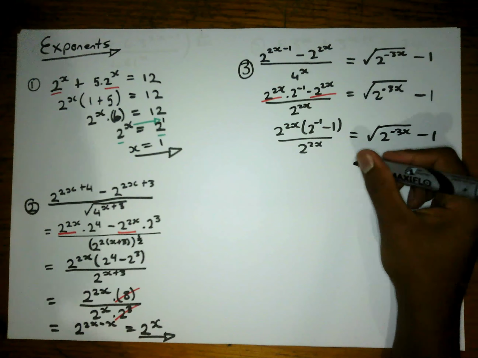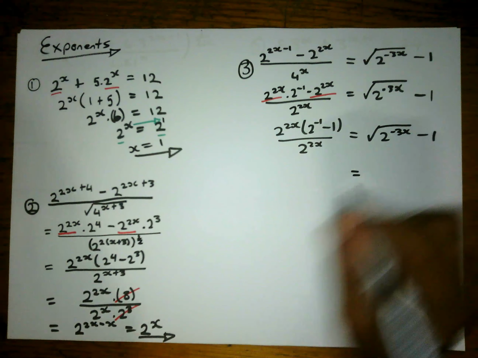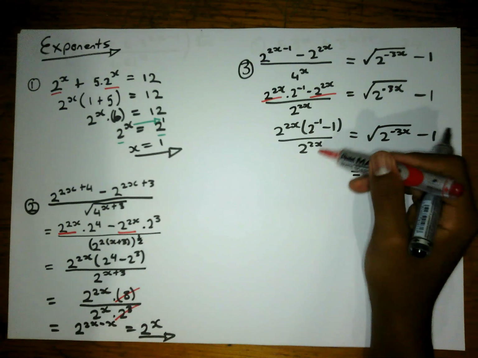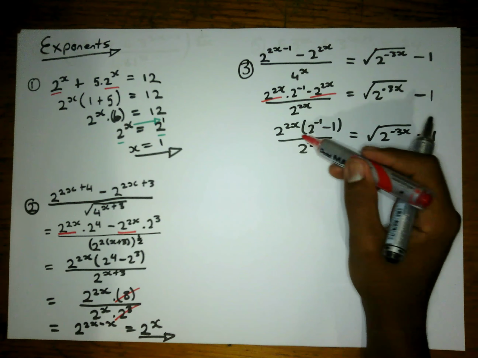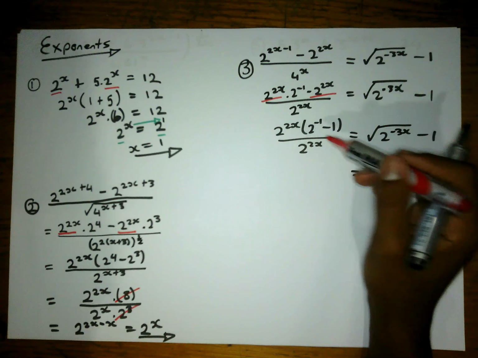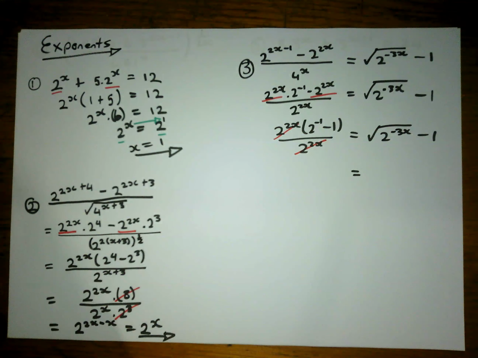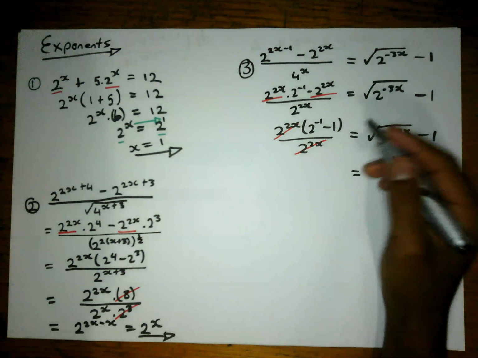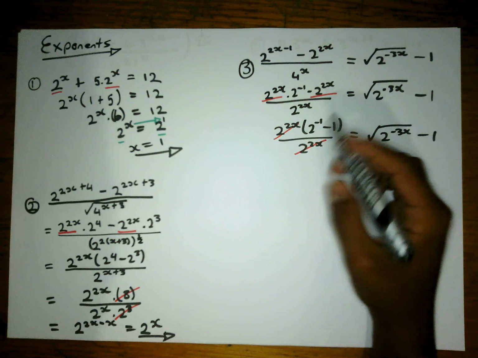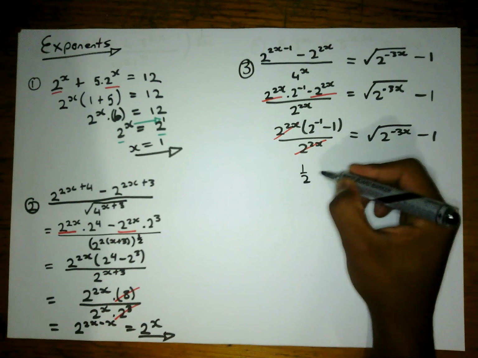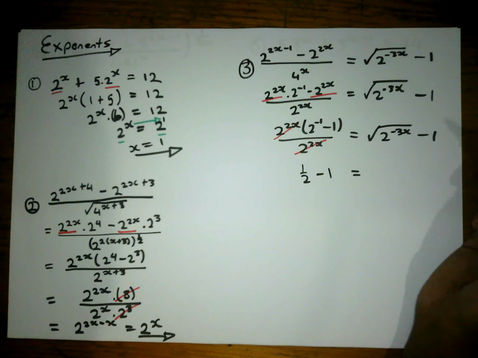We're still busy with that. So now we have a 2 to the power 2x and a 2 to the power 2x. So we can cancel. Then we know that this is a half minus 1.